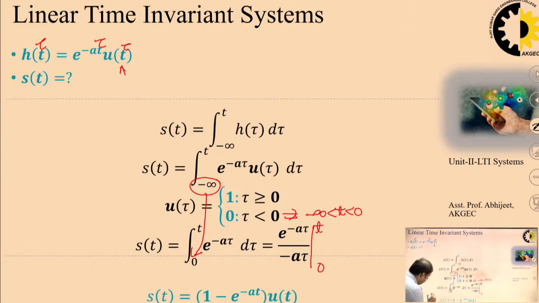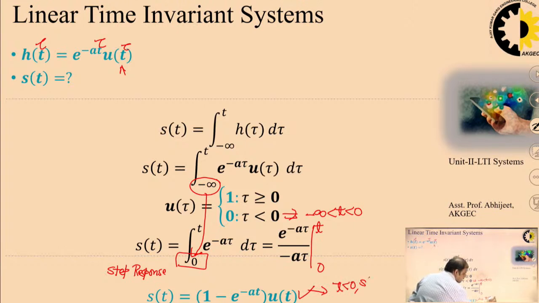So the corresponding step response is 1 minus e raised to the power minus a t, times u of t. Understand this, since we are starting the integration at 0 and going to t, this u of t comes. It just signifies that if t is less than 0, the step response is basically 0.